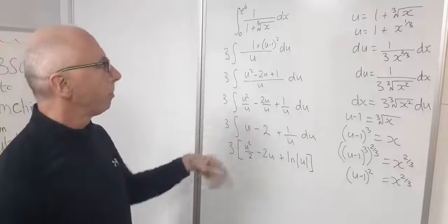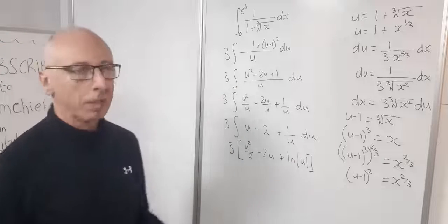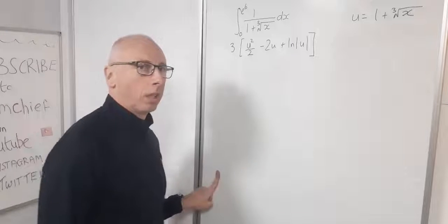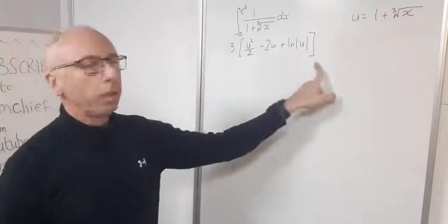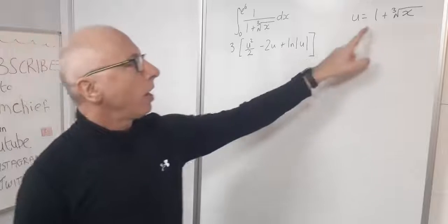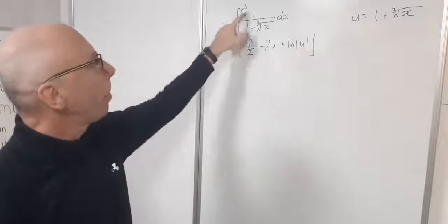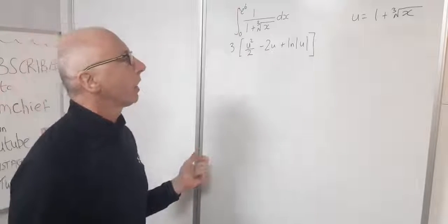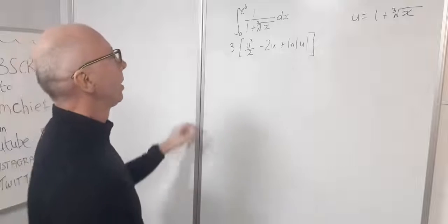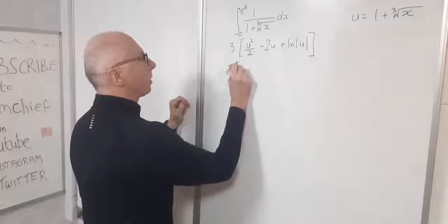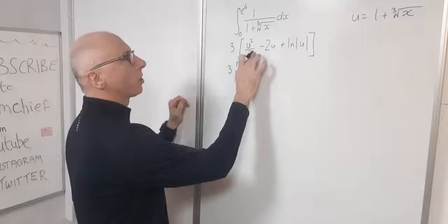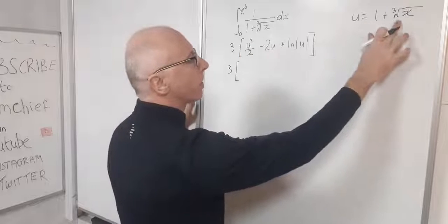So I'm going to take this off the board, bring it up here, and then go back to our x. Okay, so now let's get this back in terms of x, and then we put our parameters of integration out and calculate the value of our integral. So now I've got 3 times u squared over 2. Well, u is this term.